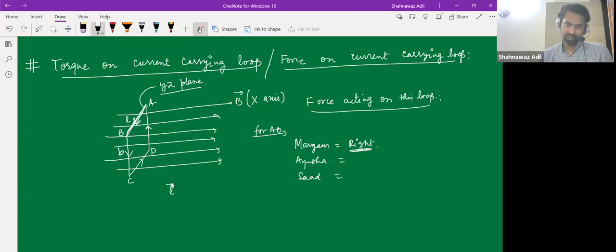So length is K hat. Up. Okay, Mariam, you have changed your answer to up. What about Aisha and Saad? Do you guys have any questions? If you have any doubts, you can ask.